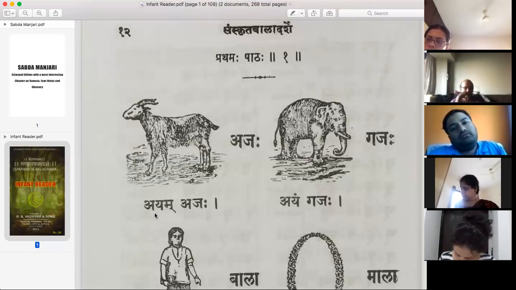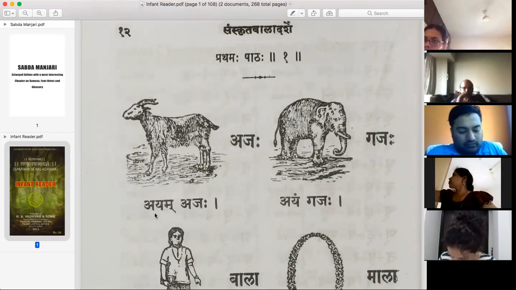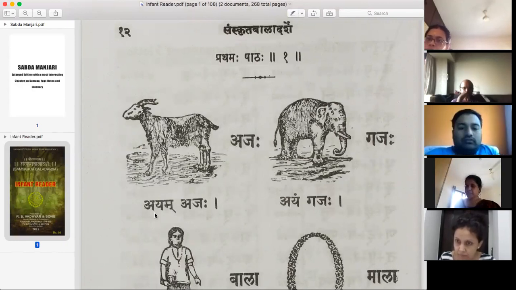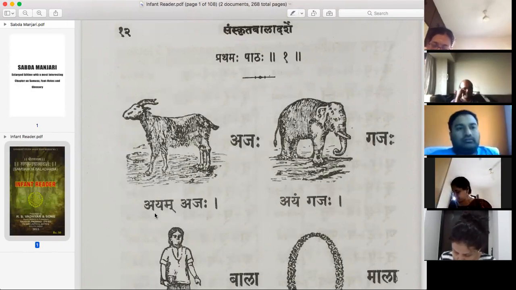So is the verb there? Without the verb, the sentence is incomplete. You cannot say "this a goat." But in Sanskrit, it is possible. So you have to supply, you have to understand, it is understood. So then you have to supply the appropriate verb.